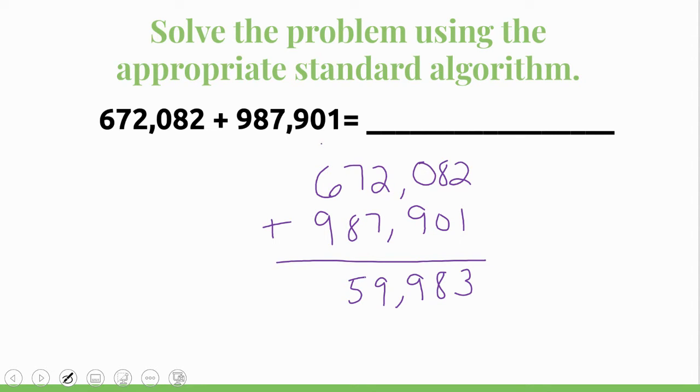Drop my 5. Carry my 1. 1 plus 6 plus 9 gives me 16. And I have 1,659,983.